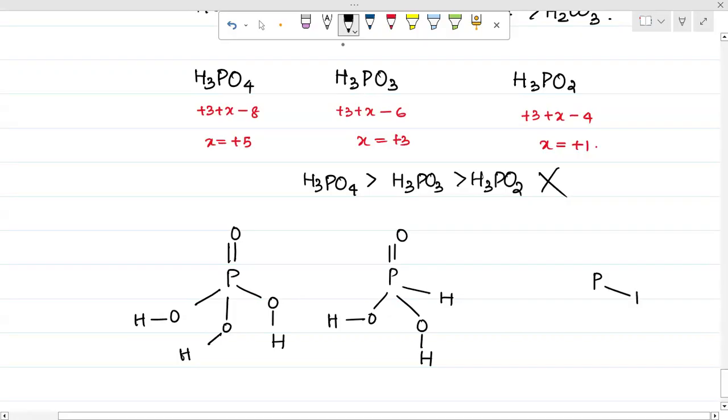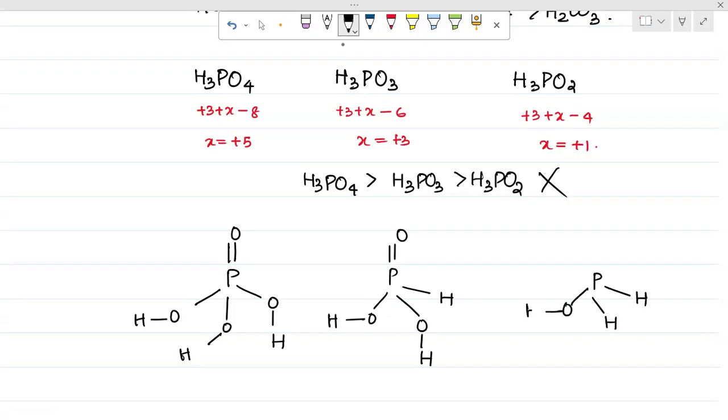And then H3PO2, like this. These are the species. So here the first thing that happens is phosphorus and oxygen. Oxygen is electronegative and will tend to pull the electrons over here, and oxygen will stay as oxygen minus. So here there is a partial positive charge and here there will be a negative charge.